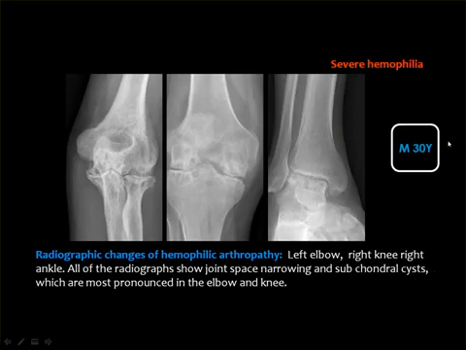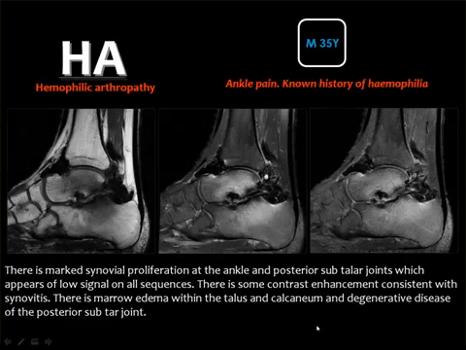In this patient with severe hemophilia, there is affection of the elbow, the knee, and the ankle joint. The changes are much more severe in the elbow and in the knee joint. And on MRI, as I have mentioned before, you may get multiple extremely low signal lesions within or along the periphery of the joint.